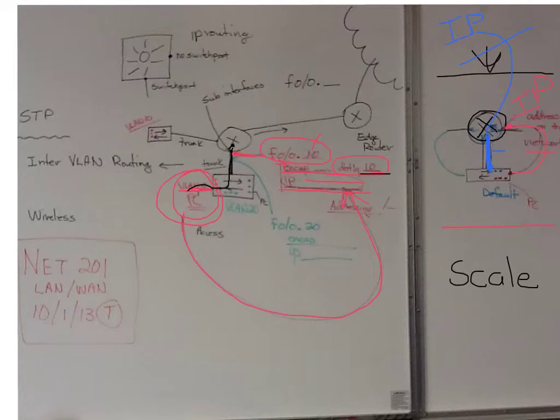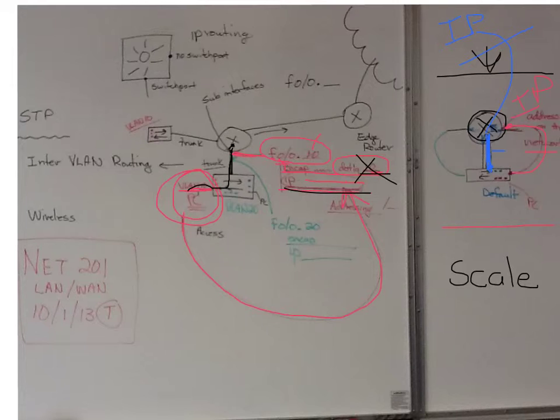Okay. It's going to use the IP addressing to determine where it's going. It's going to look up in its table. It's going to strip all the VLAN stuff off, look at the IP address, see where it's going, go ahead and queue it up and send it out.